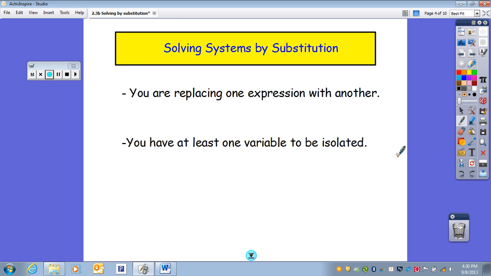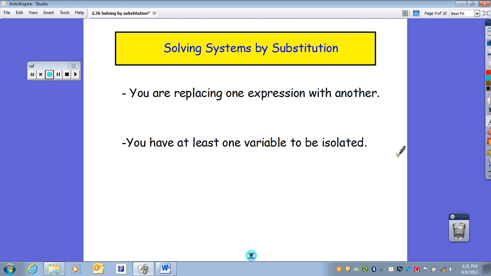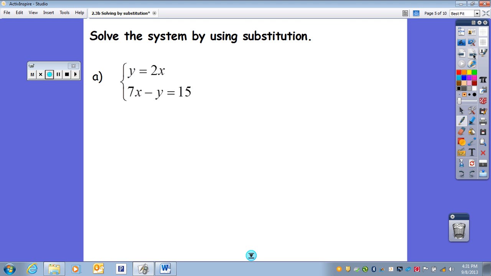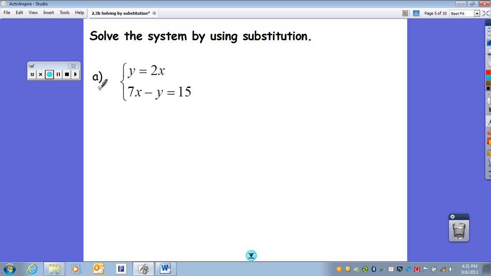In this case, we are going to replace one expression with another. You have to have at least one variable isolated in order to do this. Let's take a look. In our first example, solving by substitution, we know that y is equal to the expression 2x.